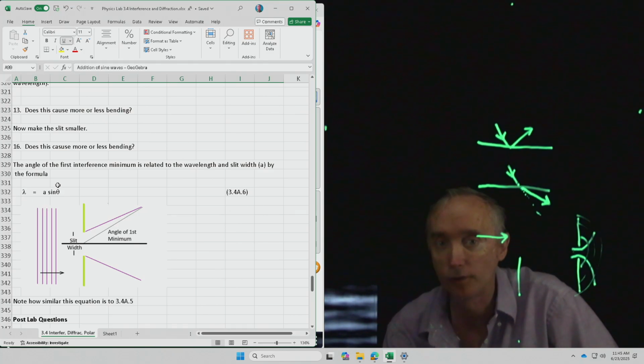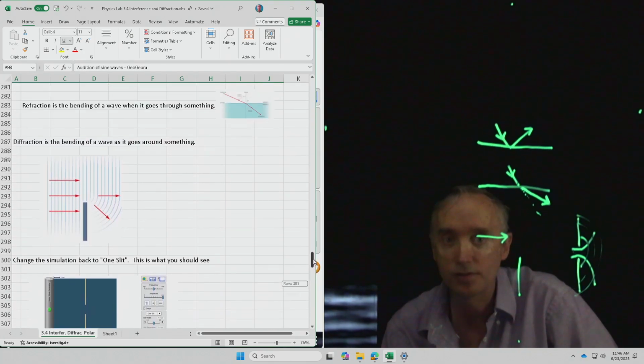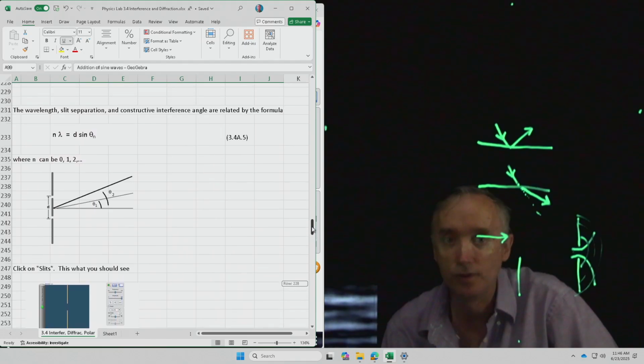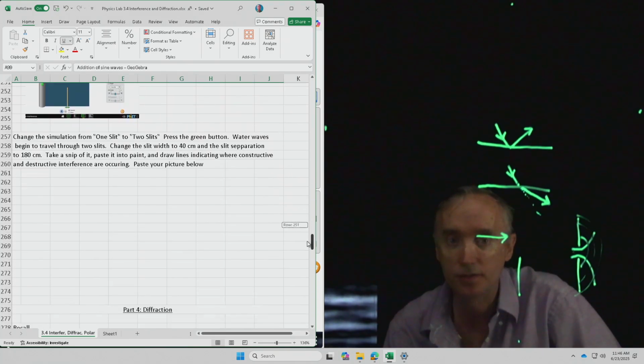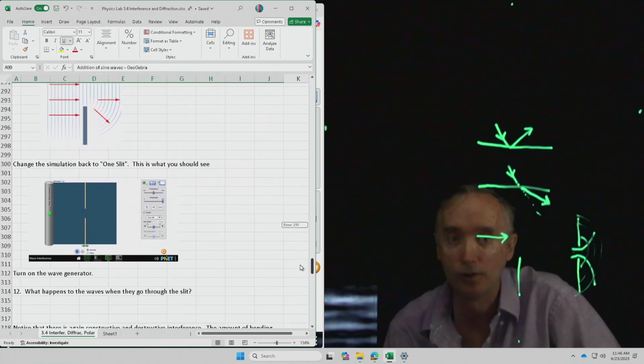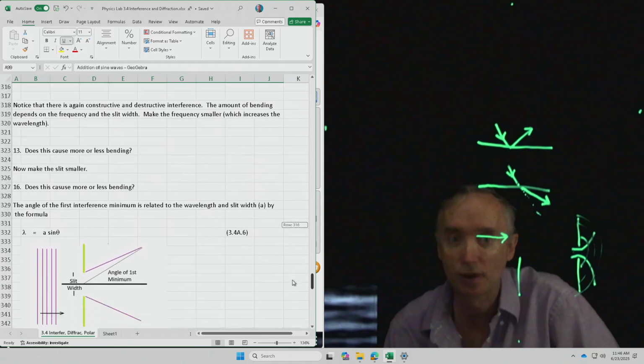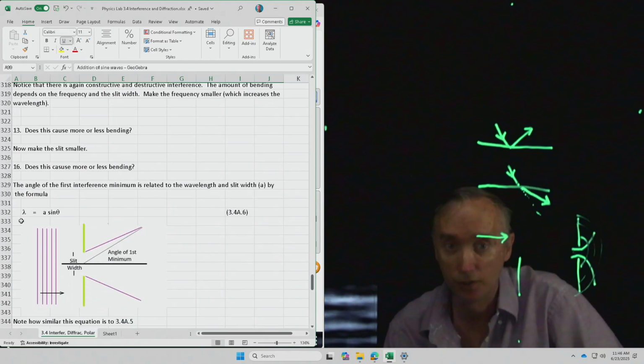Look at this formula here. You should have seen that before because it's very similar to this formula up here. This one told you what angle constructive interference would occur at. This equation down here is going to tell you at what angle destructive interference is going to occur.